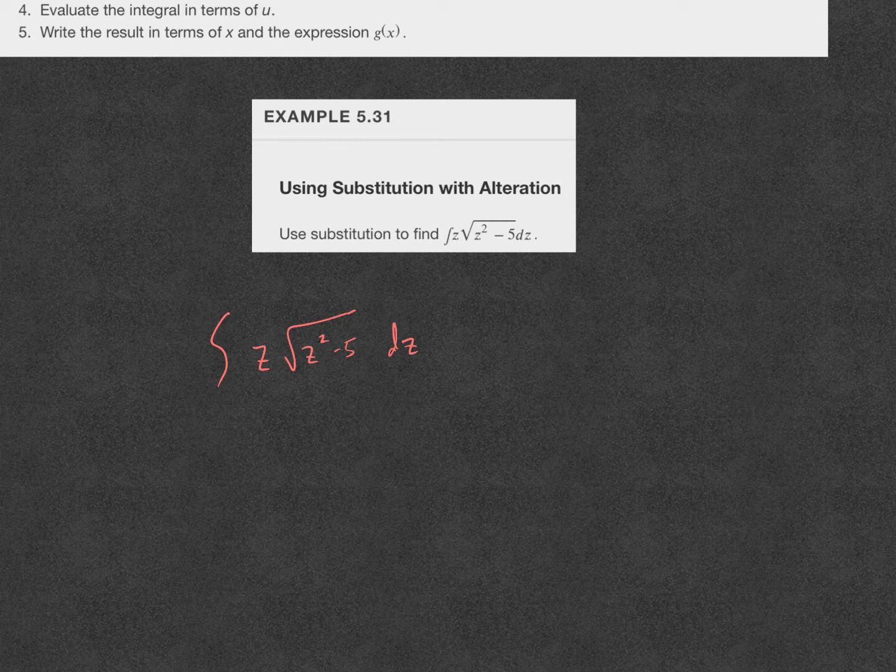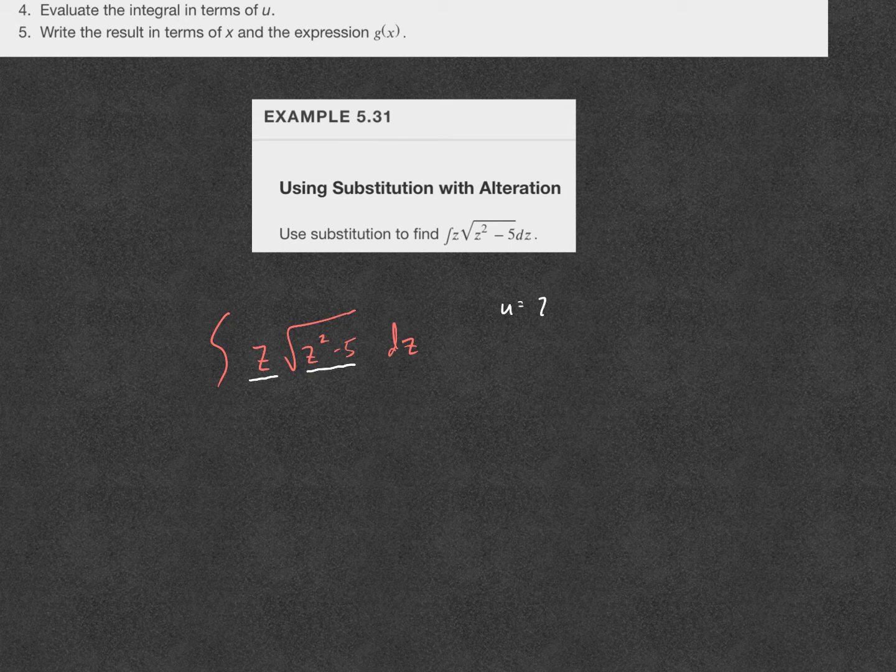Not always, but that will often happen. So in this problem, the thing to recognize, z squared minus 5, the derivative of that is kind of that term. Not perfectly. There's going to be a 2 we'll have to deal with in this one. So that's what makes this one step more challenging than the last one. But let's see what happens.